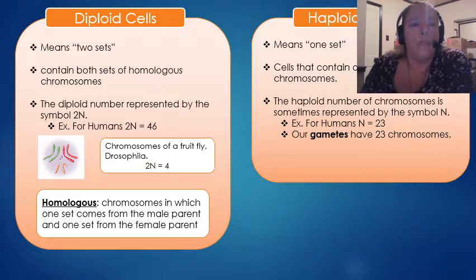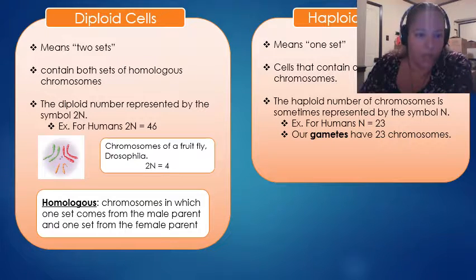So the term diploid means two sets. So they contain both sets of homologous chromosomes. The diploid number is represented by the symbol 2n. So for example, humans are 2n, which equals 46.